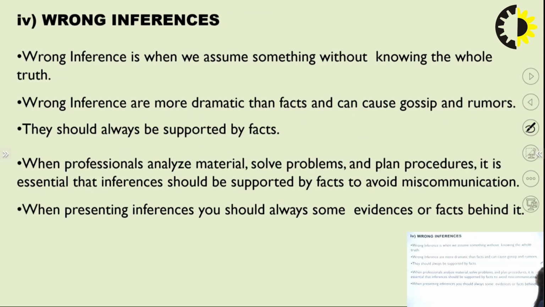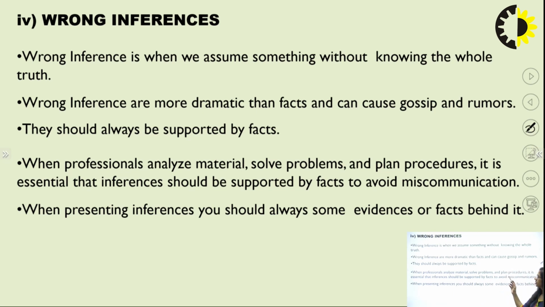Next is wrong inferences. Wrong inferences is when we assume something without knowing the whole truth. Inference means something that you think is true based on some information that you have. Wrong inferences are more dramatic than facts and can cause gossip and rumors.